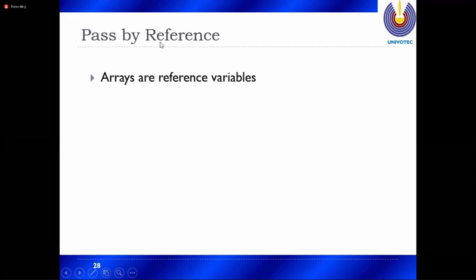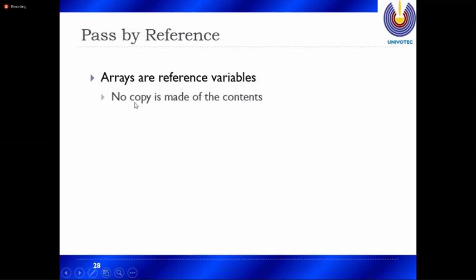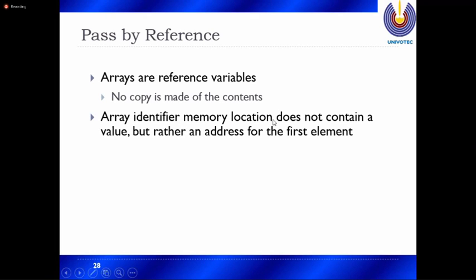Okay, it is passed by reference also. The array is a reference variable, so no copy is made of the content. The array identifier's memory location does not contain any values, but rather the address of the first element.